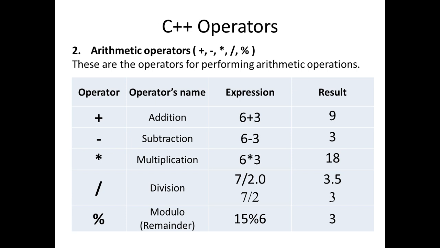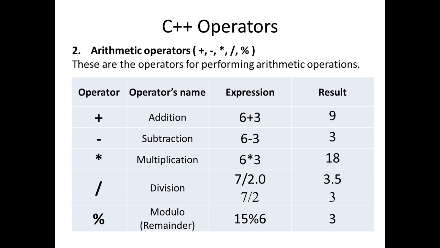The result is going to be an integer. For any other combination, whether integer over float, float over integer, float over float, integer over double, double over double, or double over integer, as long as it is not integer divided by integer, you are going to get the normal division.